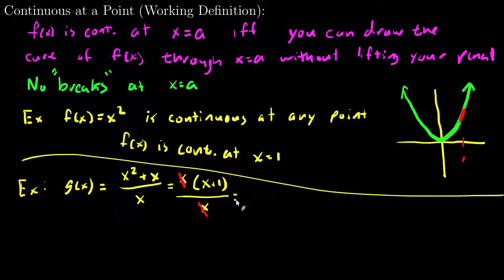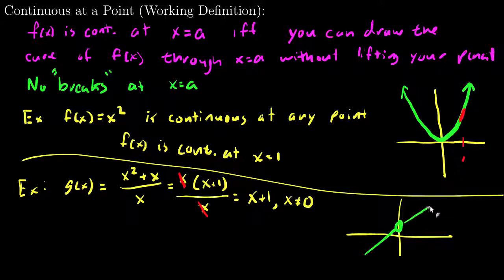So I would have to say that this is equal to x plus 1 so long as x does not equal 0. And that graph looks like a line except for one thing. At x equals 0, we have a hole, at the point 0, 1.